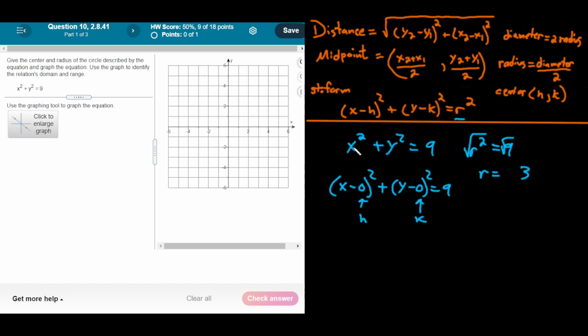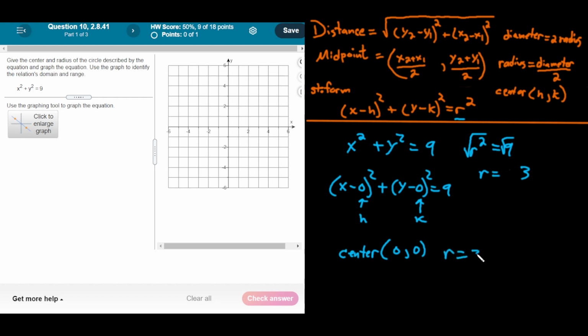So whenever you see a bare bones question like this with no parentheses, you can safely assume that your h is going to be 0 and your k is also going to be 0 if you don't see parentheses for either one. So what is the center? The center is 0, 0.